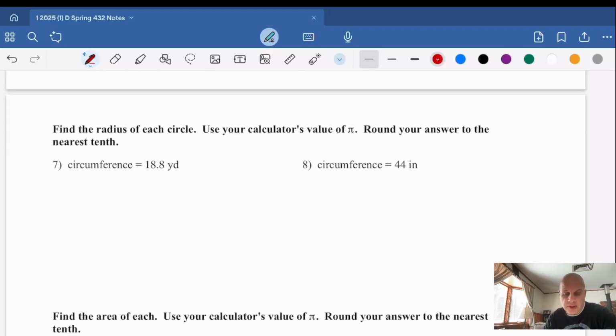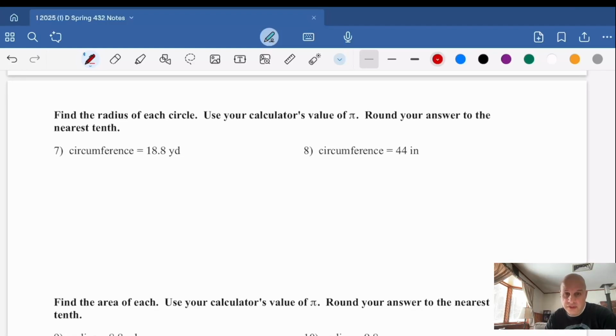All right, number 7, a little bit different. This time they're asking us to find the radius, and we know the circumference is 18.8. There are a few different ways in which you might approach this. I'll show you both ways. One way is, some people like remembering that formula.